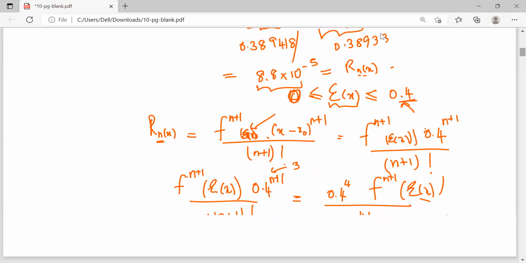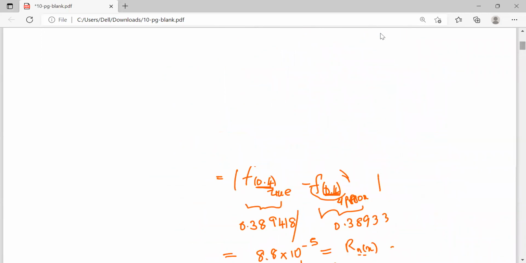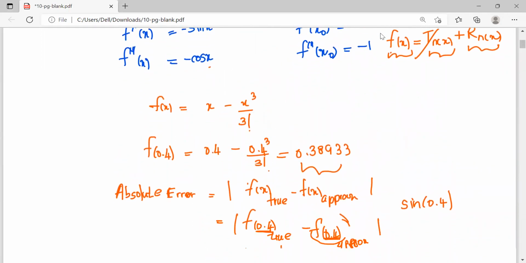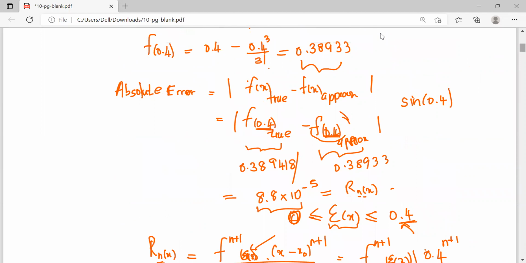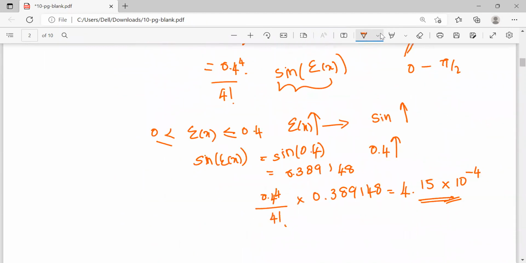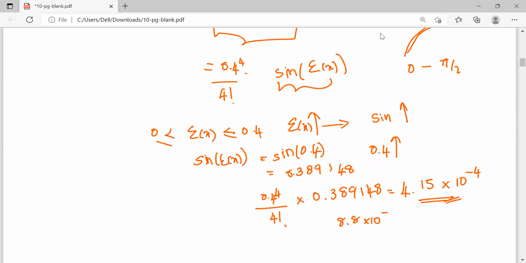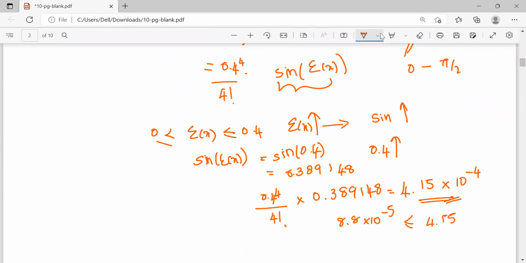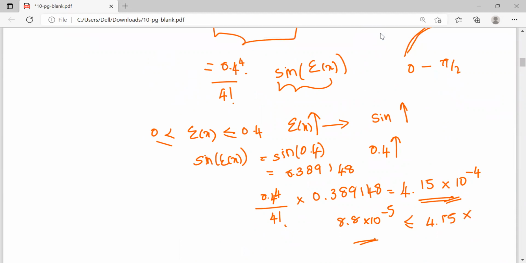We have already calculated that absolute error before, and here you can find 8.8 into 10 to the power minus 5. We know it is less than the maximum absolute error.